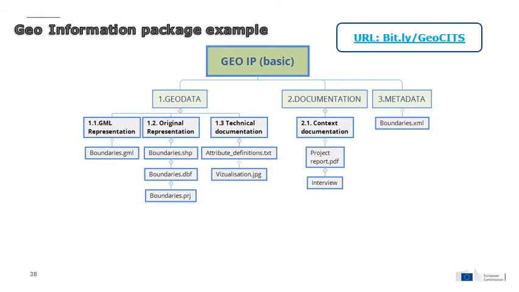So this is an example of an information package that we created for a basic shapefile of boundaries of a country, for instance. And we would really like to invite you to go to this link in the upper right corner, go to our GitHub, download the specifications, and please give us feedback, because we are creating this for you.